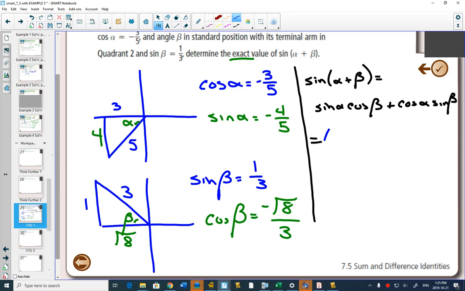So you replace all of that sine alpha with a -4/5. You know all of cos beta is -√8/3. So you replace all of cos beta. And so we just get numbers. Cos alpha is -3/5. And sine beta is 1/3.